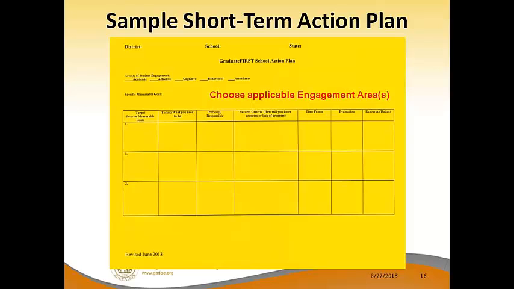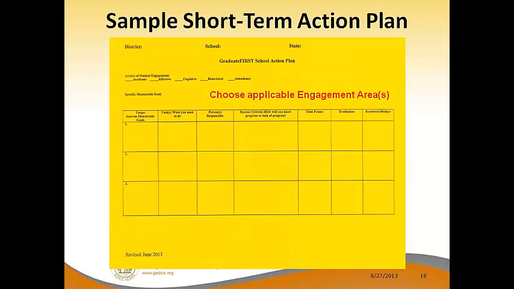So you can see at the top here, is it academic, affective, cognitive, behavioral, or attendance? And in the overview, I know that you all discussed these in more depth, so your collaboration coach should be able to help you determine which engagement areas you're addressing on your plan.